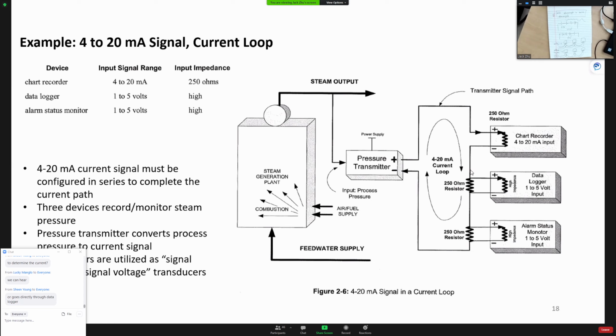That's why they use external resistance to convert that current signal into a voltage signal. No, you don't. These are two different devices. They are not connected together. Yeah, those are three different devices.